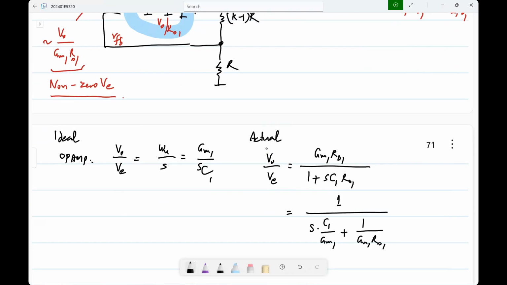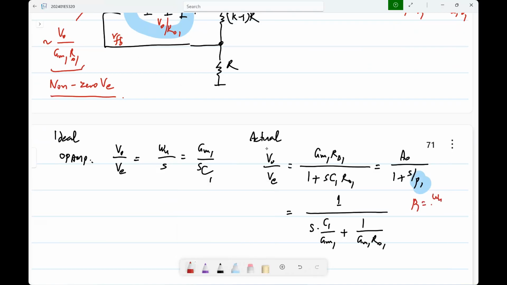If you don't make it specific to the circuit, I can just write it as A naught by 1 plus S by P1. And what is the value of P1?